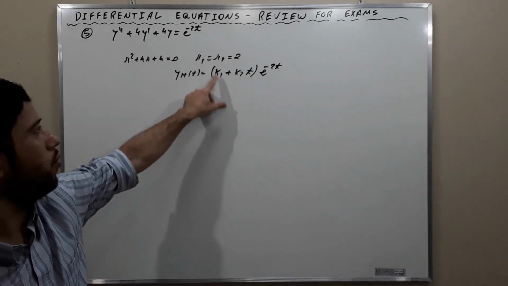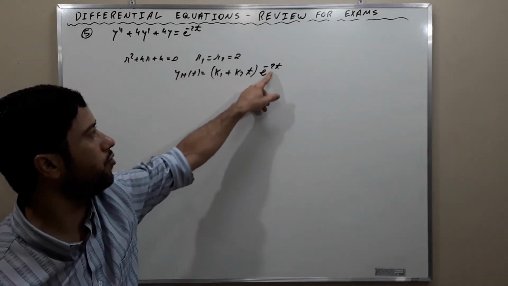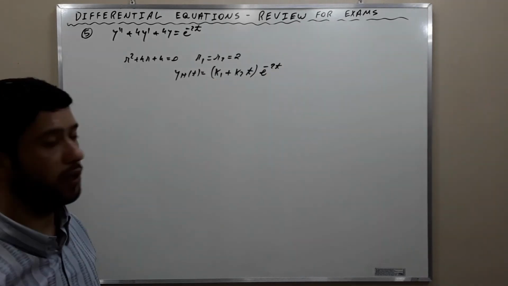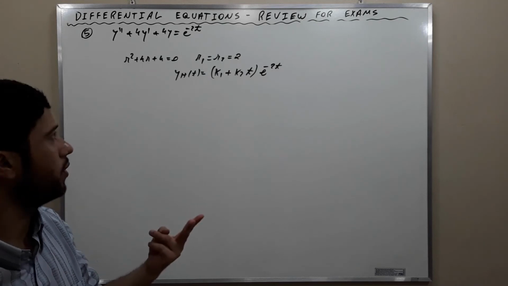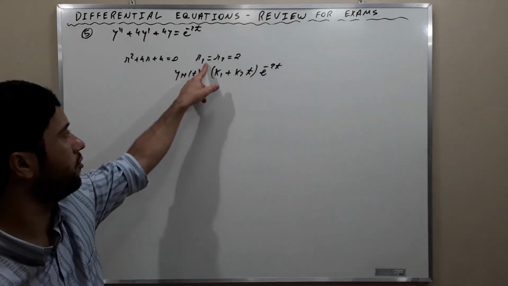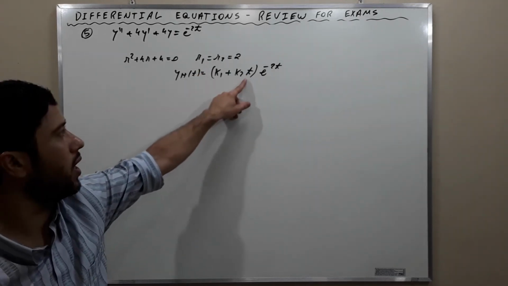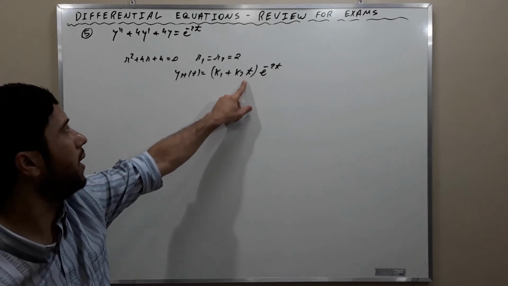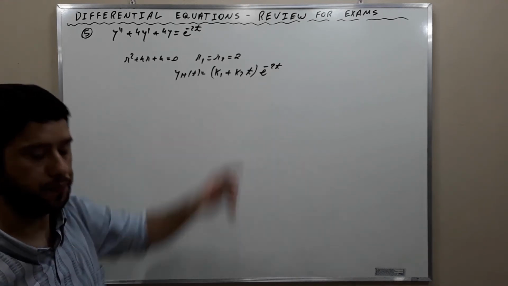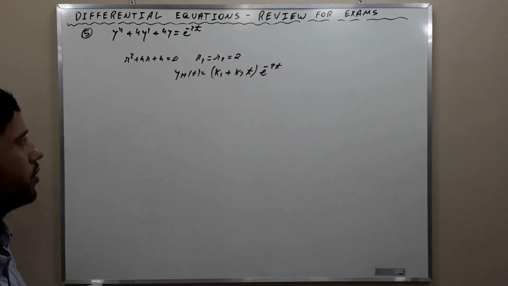We're going to have, for one root, k1 times e raised to minus 2t. But we have the second root. However, the second root is equal to the first. Then, to not have two equal terms here, we have to multiply by t. Okay? This is the catch here, how to understand this, okay?